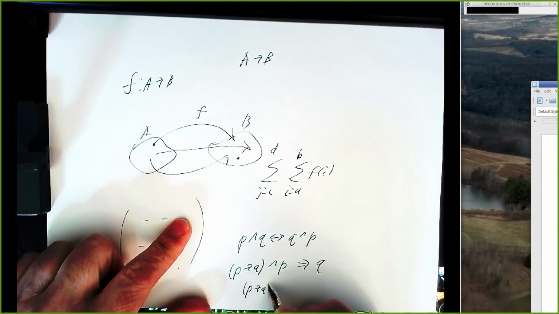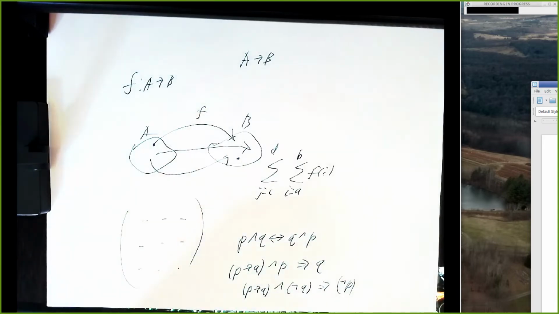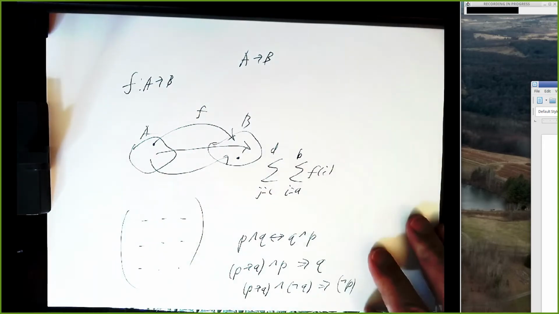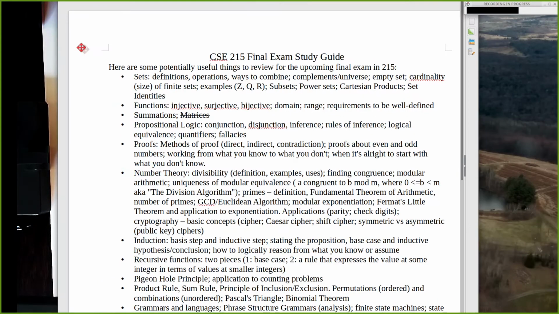P implies Q and not Q implies not P. This is called indirect reasoning. So all of those rules that we end up using in proofs, that's what I'm referring to here as rules of inference and logical equivalences.